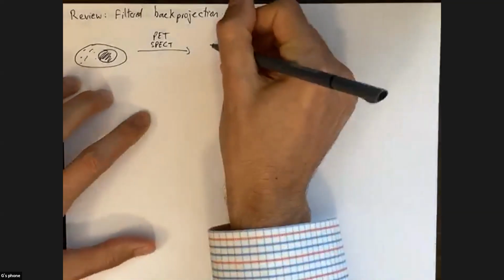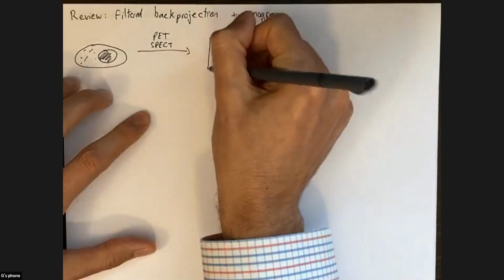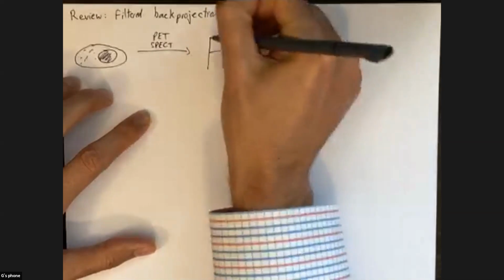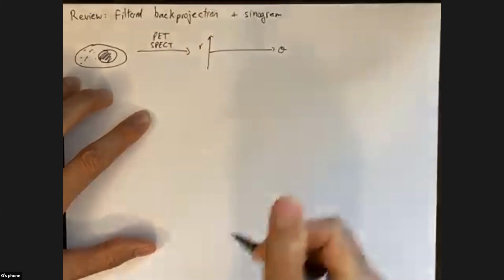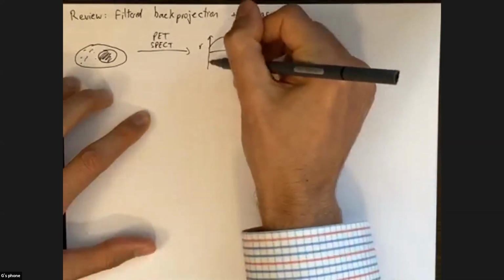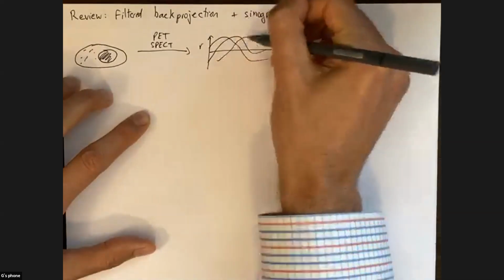And as we talked about, we collect something called a sinogram, which is a function of theta and r. The sinogram looks like a superposition of sine waves, as we discussed.